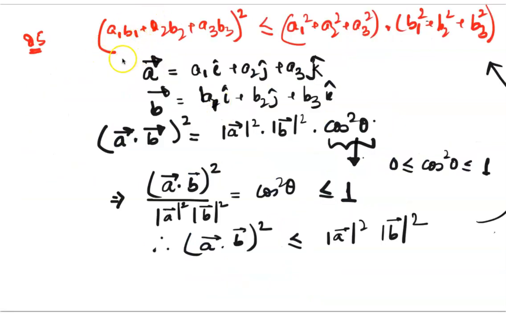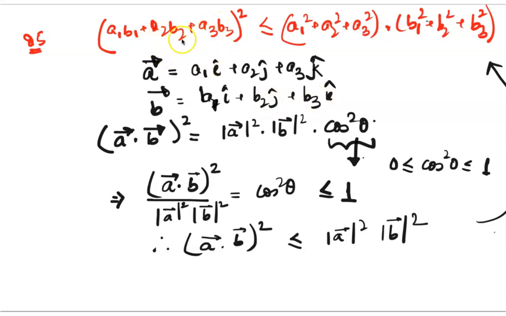Okay, so the last question is we need to prove this identity. (a1 b1 plus a2 b2 plus a3 b3) whole square is less than or equal to (a1 square plus a2 square plus a3 square) multiplied by (b1 square plus b2 square plus b3 square). Now if you look very closely at this equation, this looks like a dot product between a and b vector, if a is defined as a1 i hat plus a2 j hat plus a3 k hat, and b is defined as b1 i hat plus b2 j hat plus b3 k hat.